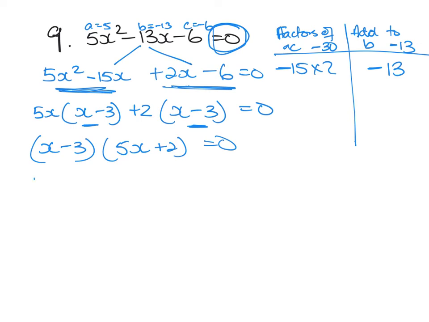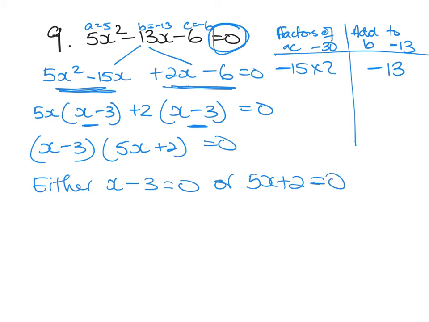Because it's in the factorized form, we now simply say either x minus 3 equals 0 or 5x plus 2 equals 0. We add 3 to both sides and we'll get that x is equal to 3.